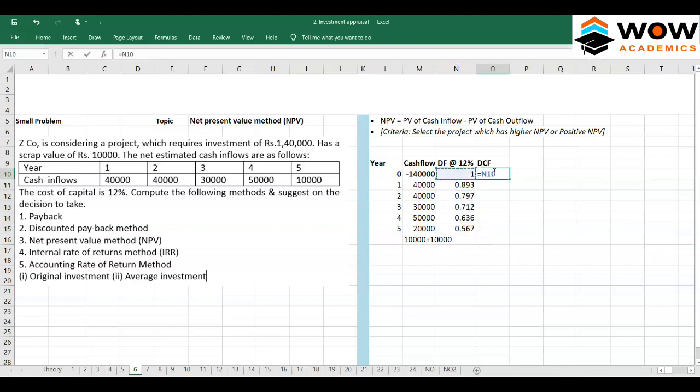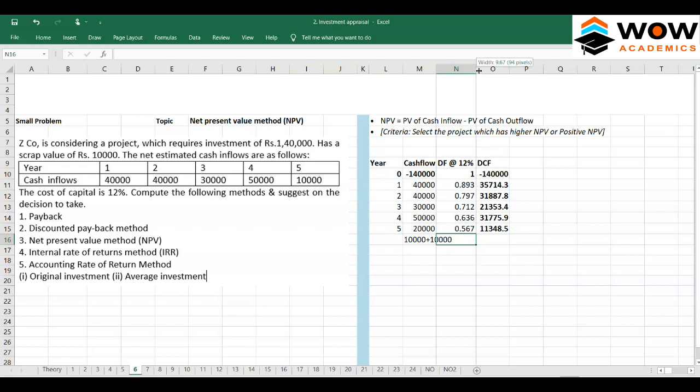So now we'll get the DCF. So we got the number. So from there on, we can just multiply the numbers, we'll get the answer. So multiply the cash flow into the discount factor, you will get the DCF. So we got the DCF.